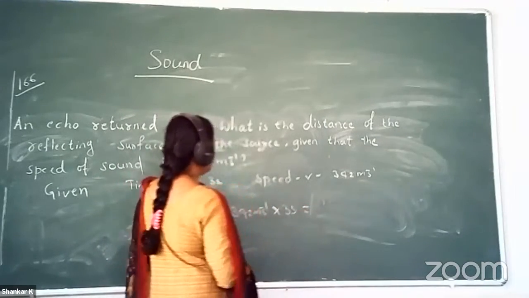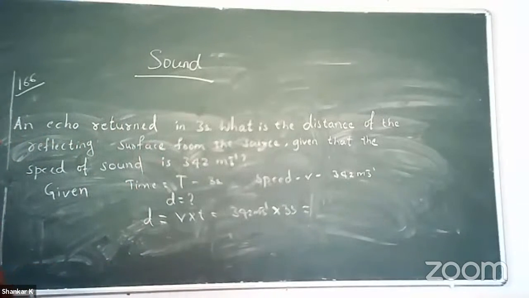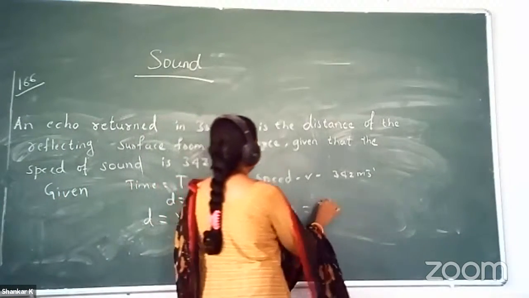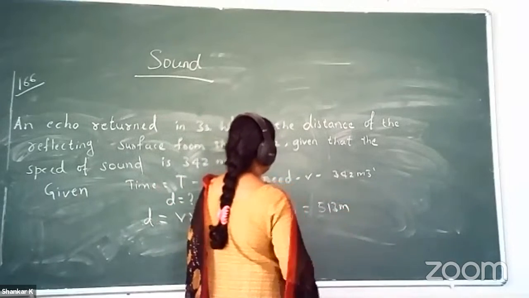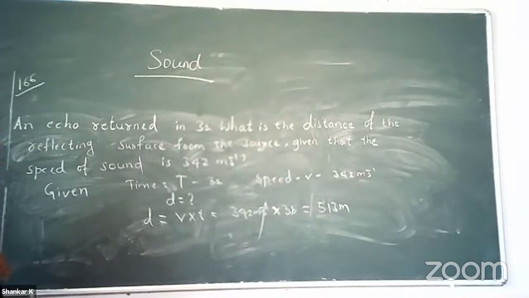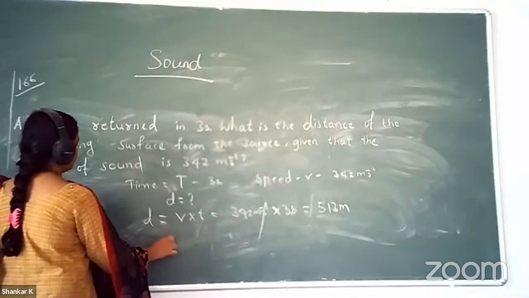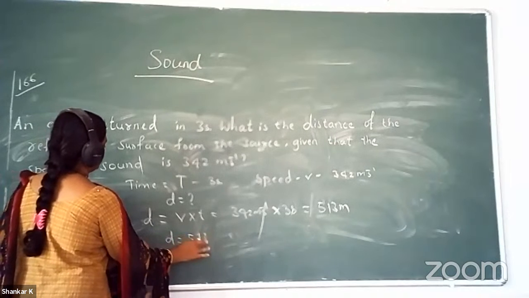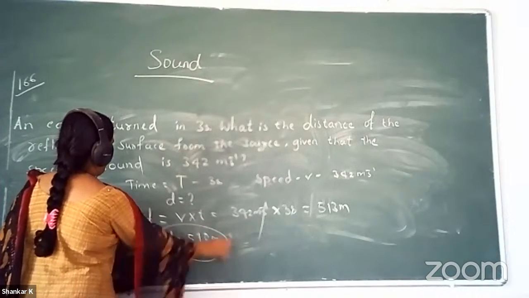So what is the answer? 513 meters. So D is equal to 513 meters.